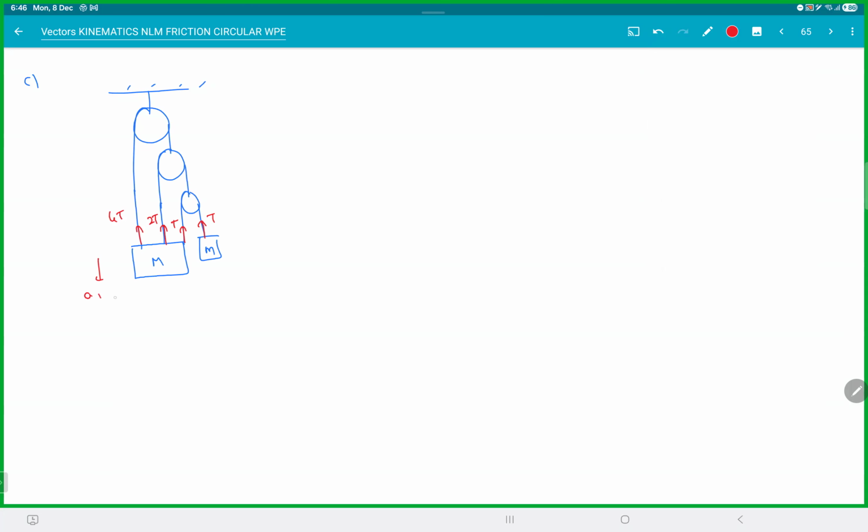If I assume this is A1, this is A2, this is mg, this is small mg. Total tension on the block into the acceleration, up is positive, down is negative. This will give you the constraint equation: 7A1 is equal to A2. And if you write the equations, mg minus 7T is equal to m into A1. T minus small mg is equal to m into A2. There are three equations, three unknowns.